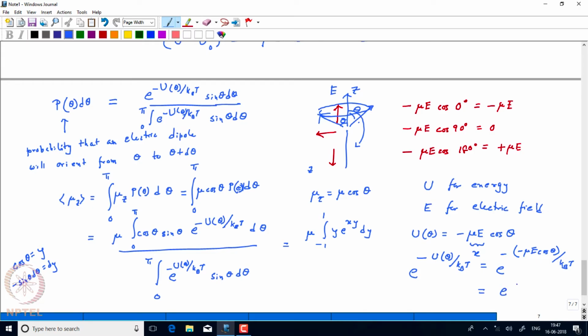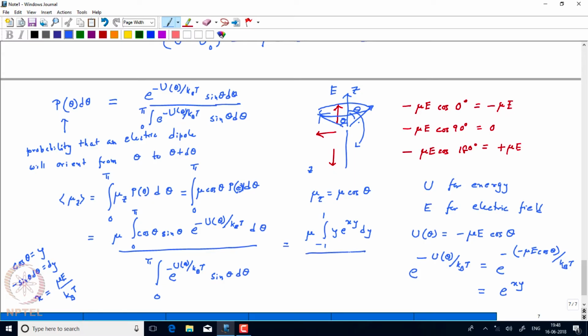So we write it as e to the power xy, where x is nothing but mu E divided by kBT, where kB is the Boltzmann constant.